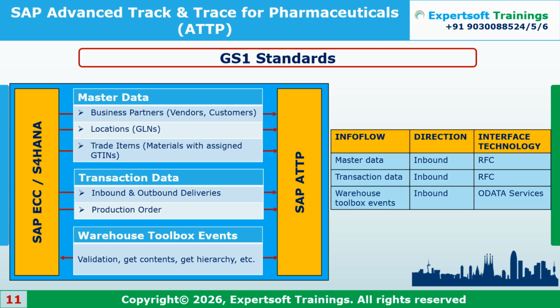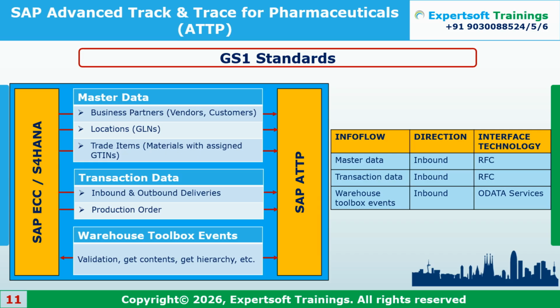As I told you, the GS1 standards are the primary thing which will help us to create certain data based on the information we have, like the company prefix. The company prefix will be encoded into vendor or customer GLNs.